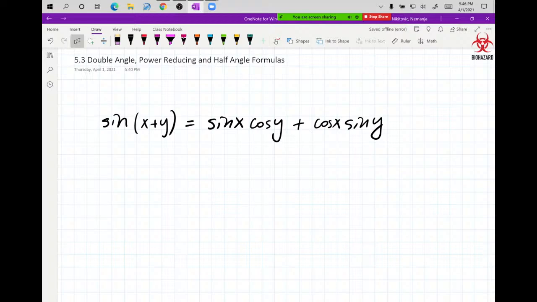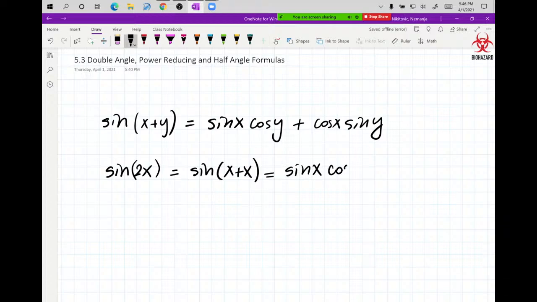What would be the formula for a double angle in that case? Well, since you know the formula above, you can immediately write 2x as x plus x, and then sine of the first, cosine of the second, plus cosine of the first, sine of the second.